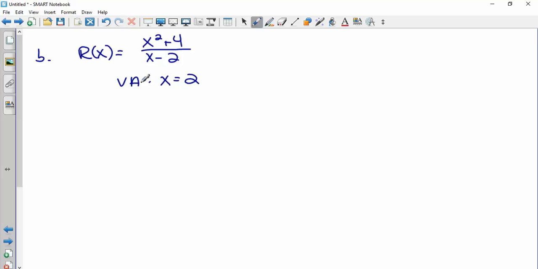Okay, horizontal or oblique. What is the degree of the top? 2. The bottom? 1. So if the top is 1 bigger, it is oblique. On D, when you looked at that, the top was more than 1 bigger. What happens if that's the case? If it's the same, you divide leading coefficients. If the top is bigger by more than 1, like on 3D, there is no horizontal or oblique. So it is possible to not have either one.